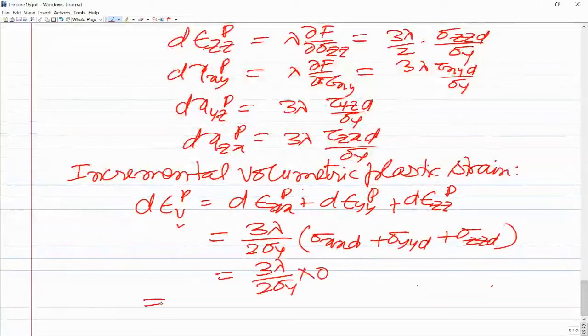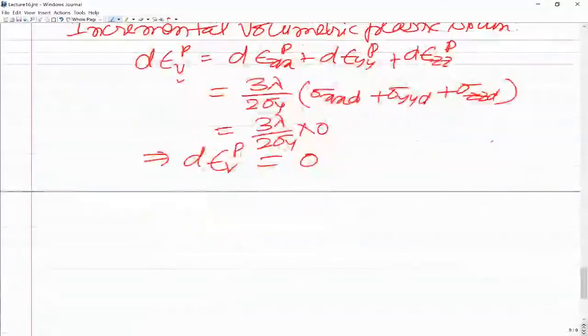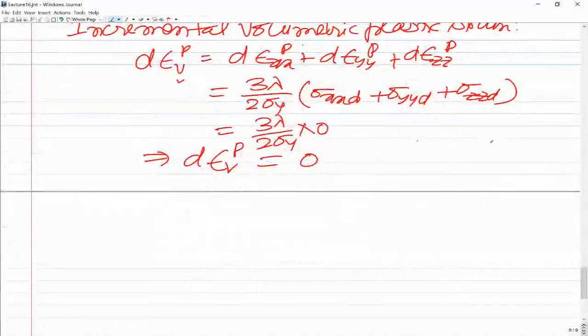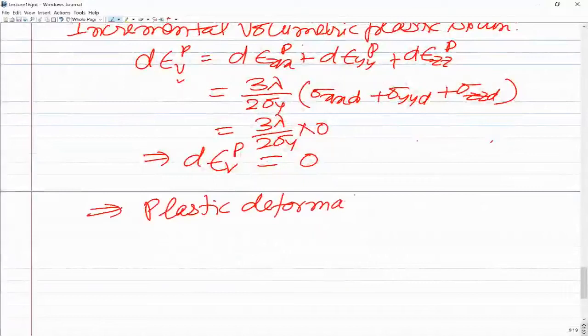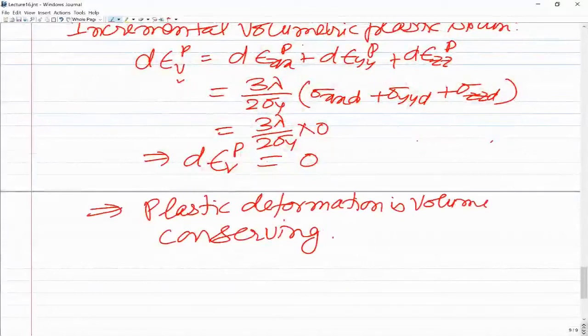The conclusion is that d of epsilon vp is equal to 0. What it means is that the incremental volumetric plastic strain is 0. So we can say that plastic deformation is volume conserving, because the volumetric strain is 0.